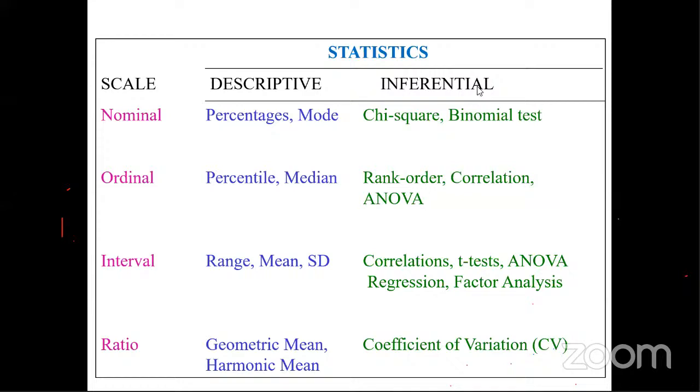For example, chi-square is meant for finding out the association between variables. We give the null hypothesis and alternative hypothesis, and based on that we do the test.